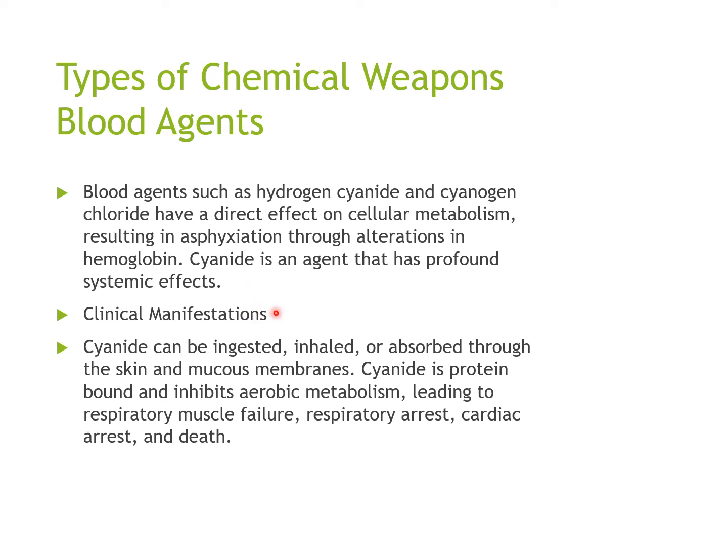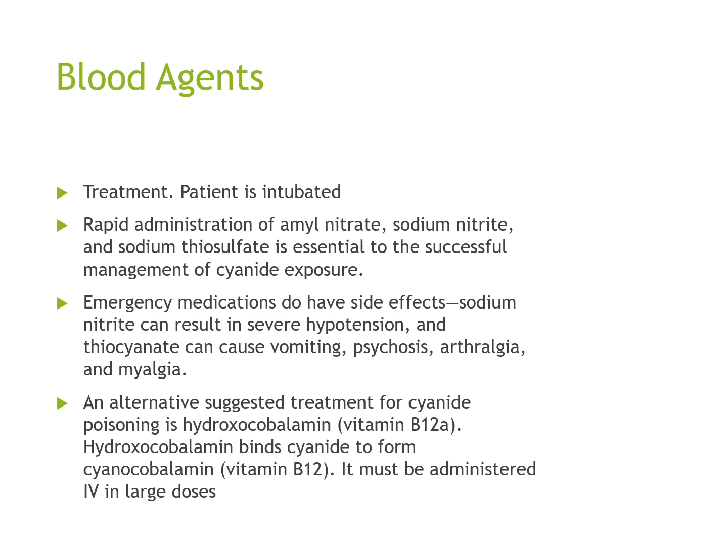Specifically under cyanide, it can be ingested, inhaled, or absorbed through skin and mucous membranes. What you end up with is respiratory muscle failure, respiratory arrest, cardiac arrest, and death. So the patient needs to be intubated. You have to do a rapid administration of amyl nitrite, sodium nitrite, and sodium thiosulfate, specifically for the cyanide exposure.